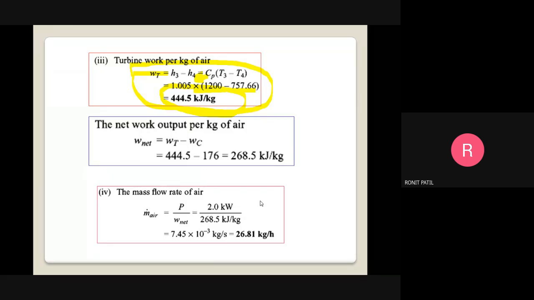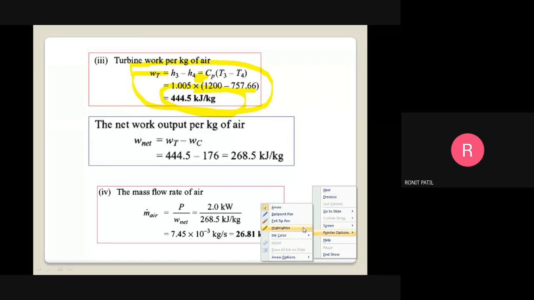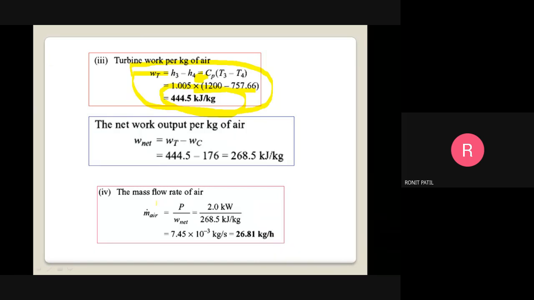So we have to find out the mass flow rate of air to produce a power of 2 kilowatt. Here the mass flow rate of air is equal to P upon W net. So first we have to find out W net. W net is equal to WT minus WC.